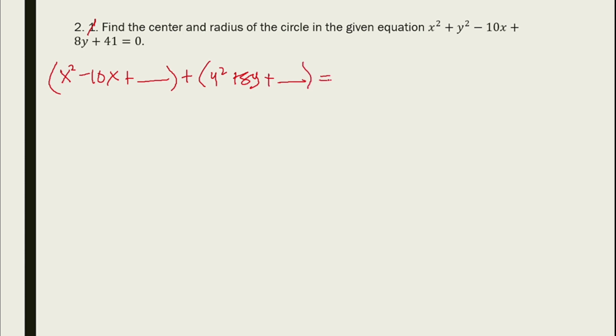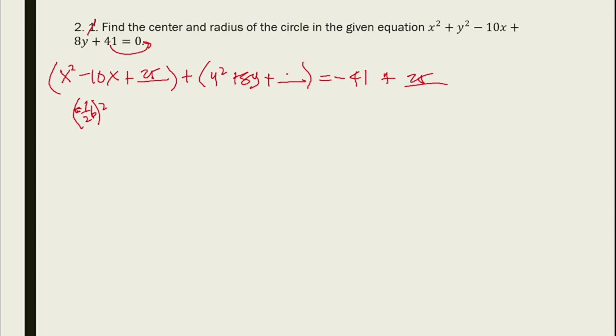We have to move it here, then plus the unknown. So one-half of this one, negative 10 divided by 2 is negative 5, then squared we have 25. So we have 25 here also. And 8 divided by 2 is 4, then squared we have 16.